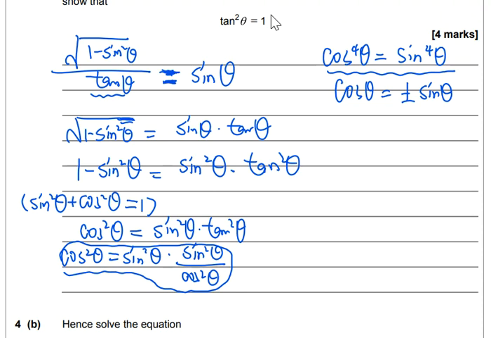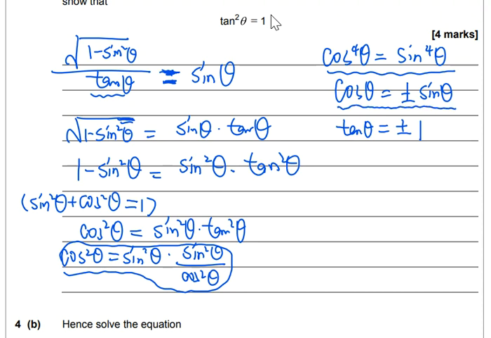Now, if cosine of theta is positive or negative sine of theta, then tangent of theta is equal to positive or negative 1. Does it make sense? All we need to do is divide both sides of this equation by cosine of theta.